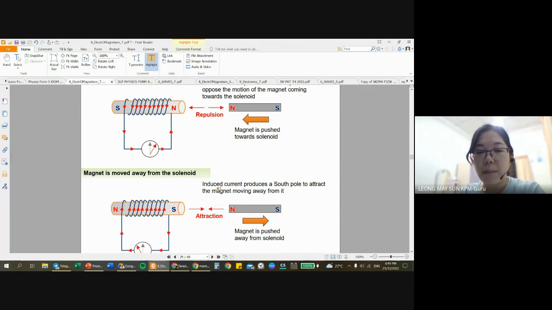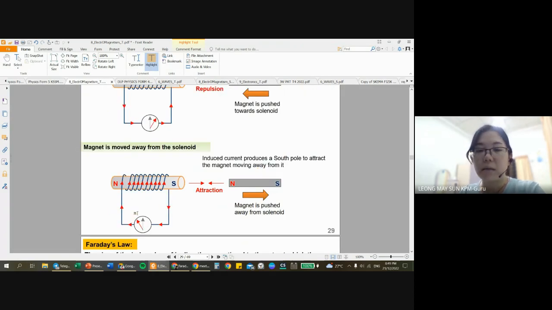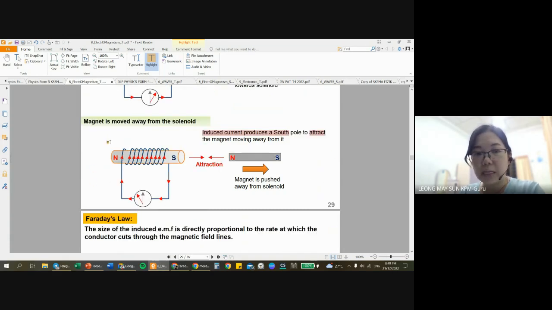But if the magnet is moving away or the solenoid is moving away, the solenoid will induce a current to produce a south pole to attract the magnet moving away from it. That is how it's being determined. Ignore the galvanometer's direction. The galvanometer direction in this slide is not accurate anymore because this slide is KBSM syllabus. The galvanometer will deflect towards the direction of the current flowing.